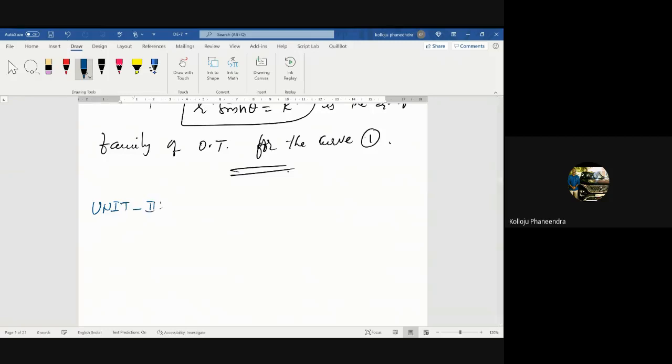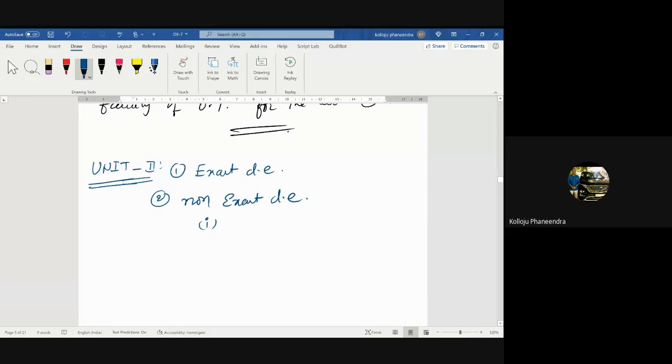Unit 2, what are the topics? Anybody? Exact differential equation, correct? Exact differential equation, first point. Second point, non-exact differential equation. In this, what we have learned is, one is homogeneous differential equation.